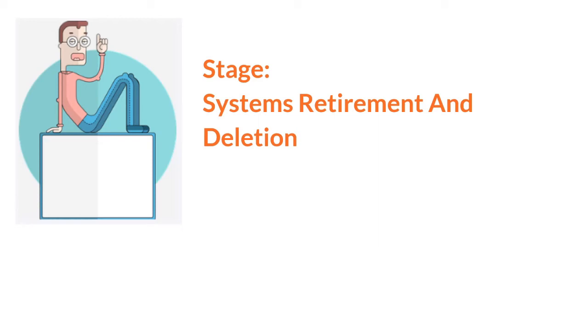The systems retirement and deletion stage is to plan for and implement system deletion or replacement when required at the end of the system life cycle.